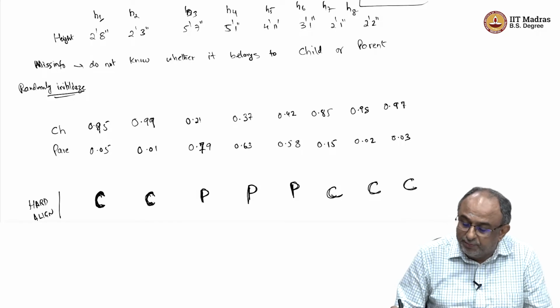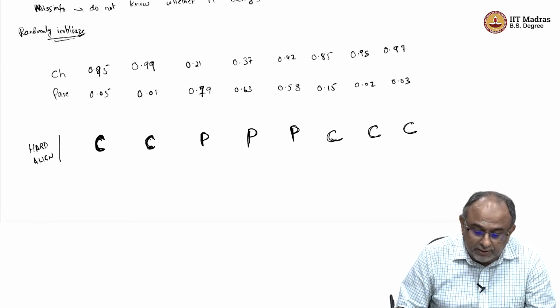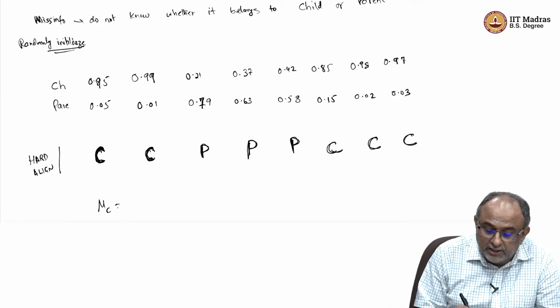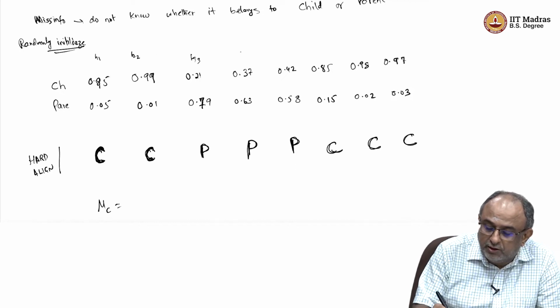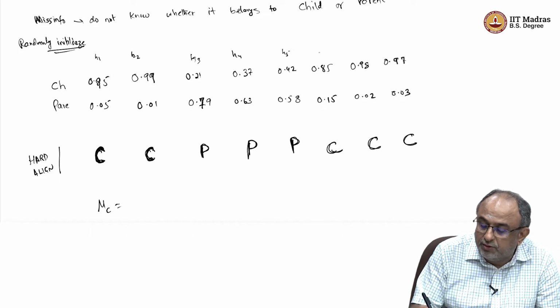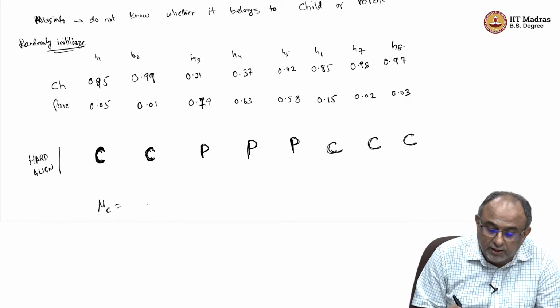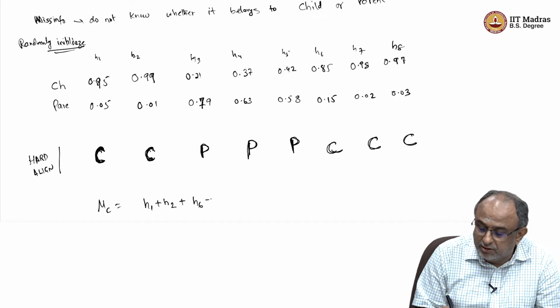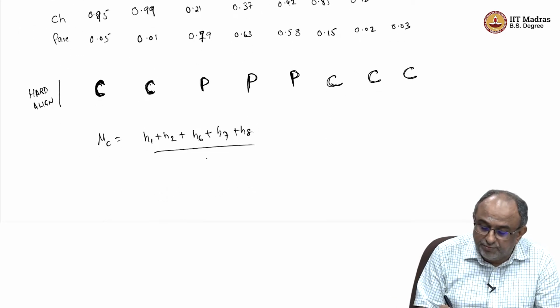Now it's very simple to get the mean, right? So what is the mean? So the mean of children is what? So this is the H1, H2, H3, H4, H5, H6, H7, H8, and it is nothing but H1 plus H2 plus H6 plus H7 plus H8 by how many? 3 plus 2, 5 measurements.